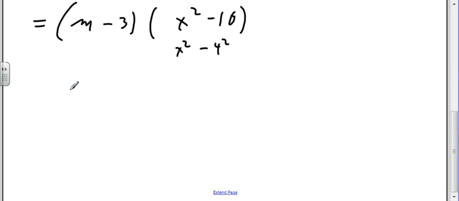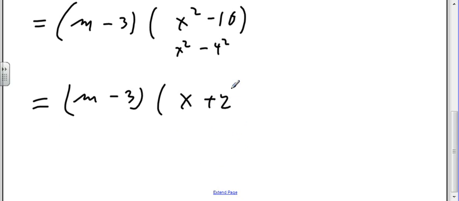So I can continue my factoring and say m minus 3, x plus 2, x minus 2. Well, I could, but if I did, I'd be wrong, right? So we'll get rid of those guys. x plus 4, x minus 4, that's better.